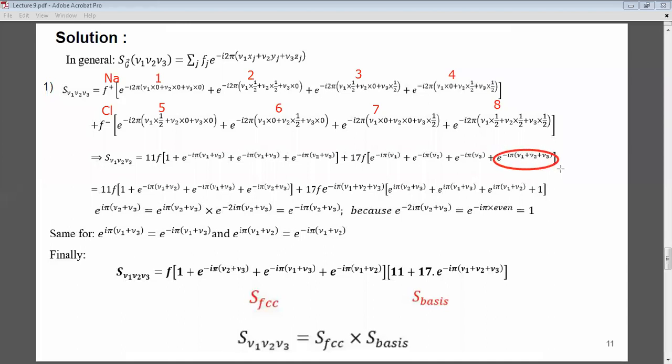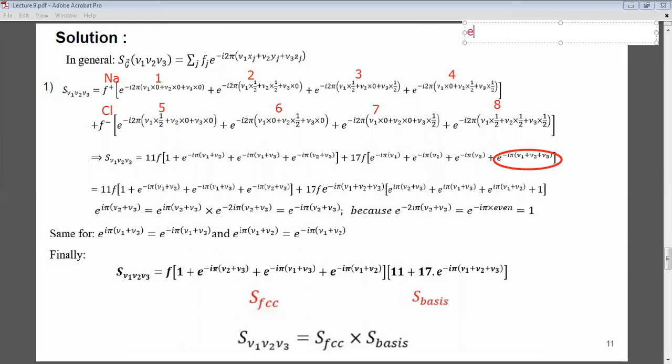I took this term outside. Then what I will have inside is e to the minus i pi (v2 plus v3), because if I divide e to the minus i pi (v1 plus v2) by e to the minus i pi (v1 plus v2 plus v3), I will get e to the i pi (v2 plus v3).